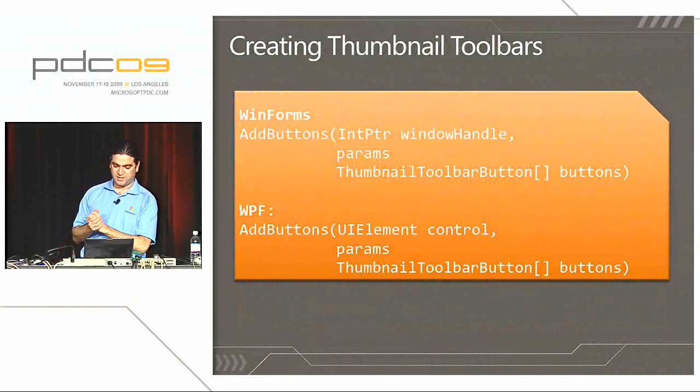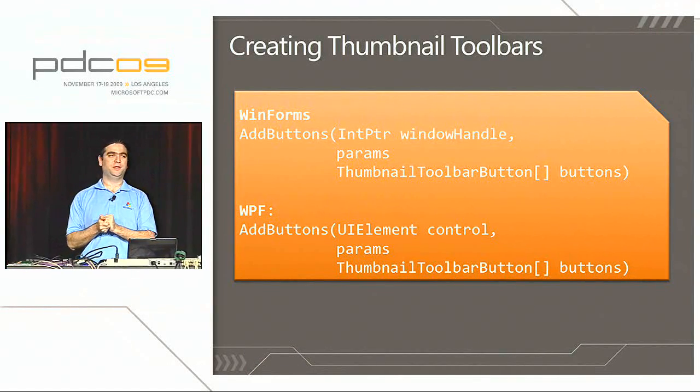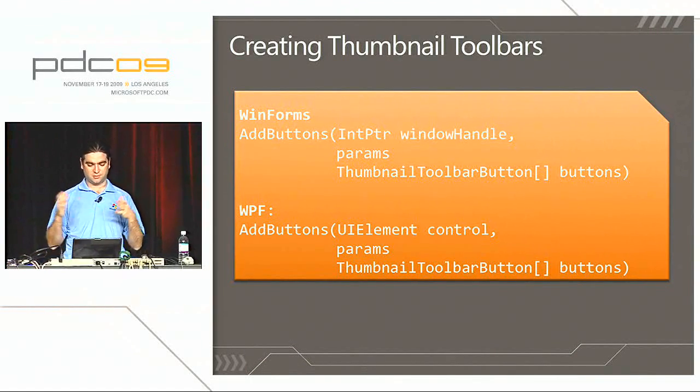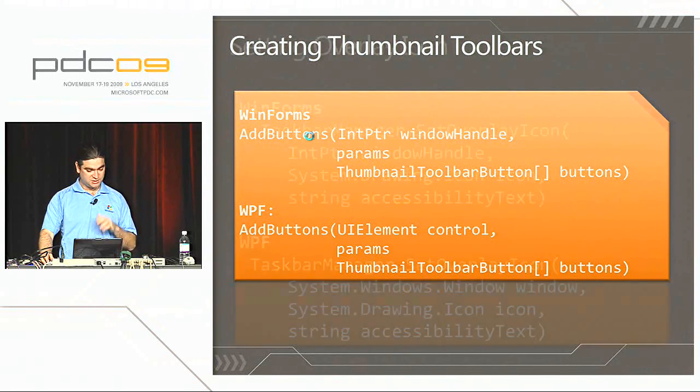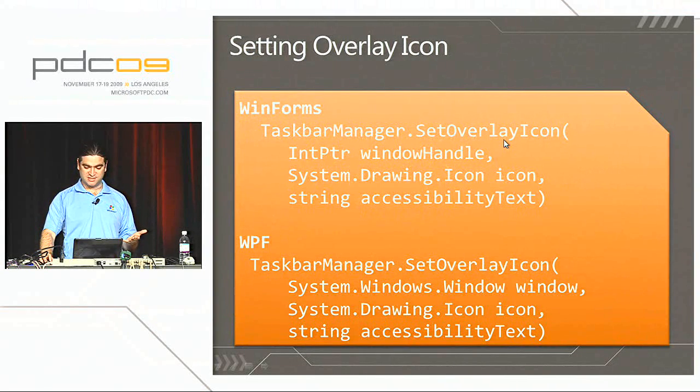So I guess we get it that it's kind of hard doing it in traditional C++ or creating your own wrappers. So we're going to cover that with a thumbnail toolbar, you can add buttons as we've seen. You can set icon overlay.